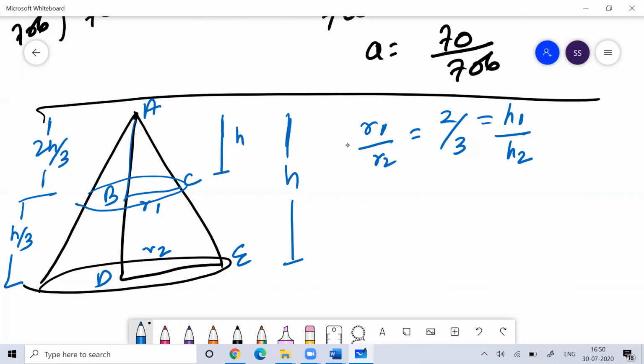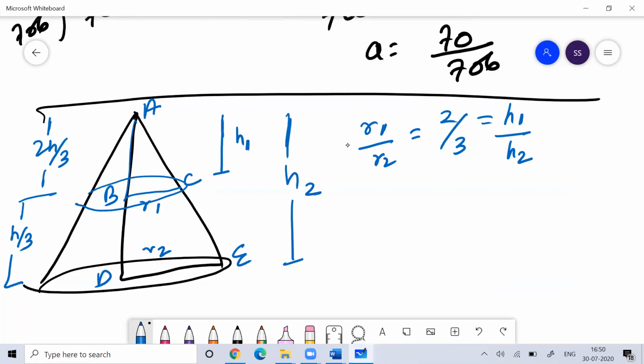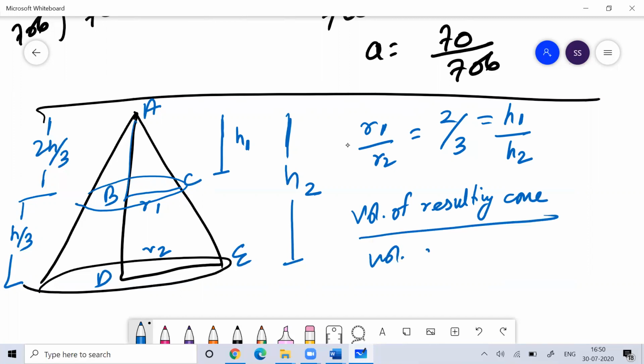What they're asking is the volume of the resulting cone divided by the volume of the frustum.